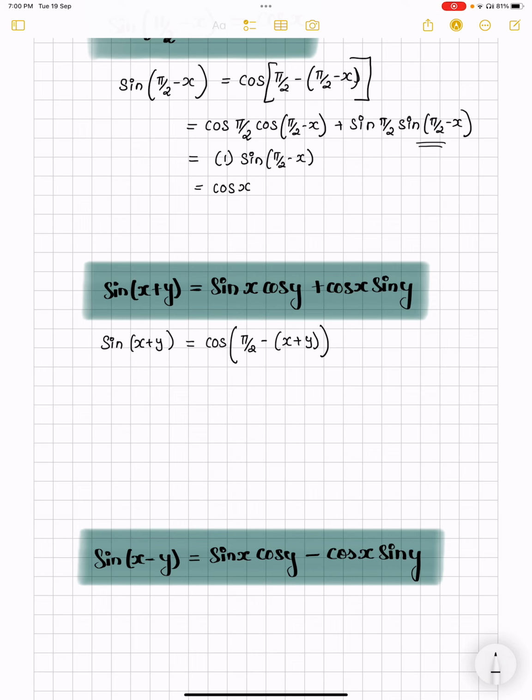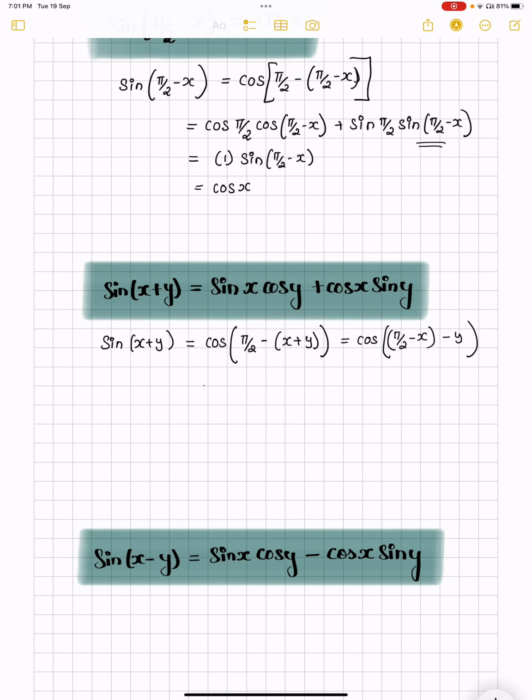Now you expand this one. Before that, you just write it this way: cos of (pi by 2 minus x) and then minus y, since minus into plus is going to be minus y. Say cos of a minus b. I've split that. So now let's expand it.